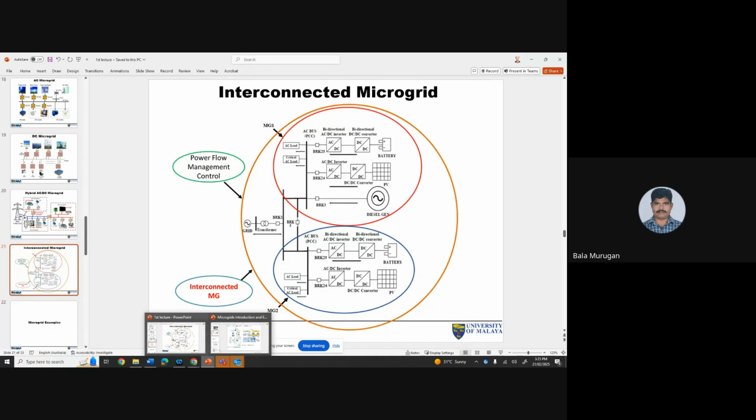Yes, we can call a hybrid microgrid an interconnected microgrid if they can exchange the power without going through the main bus. Sir, even in a hybrid microgrid the power can be exchanged, no?